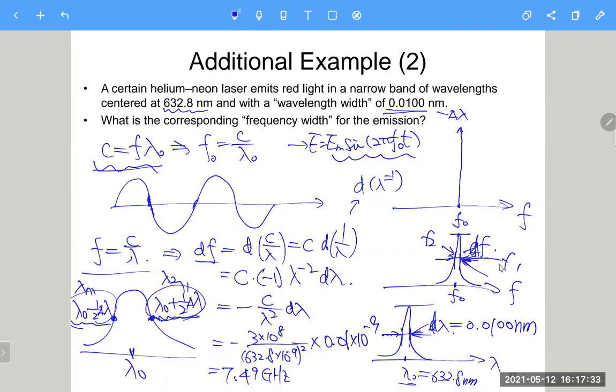Then you can subtract f1 by f2, and you will still get the delta f, which will be more or less the same as this number. Maybe not exactly the same, but quite close. But if you make use of calculus, or at least the derivative or the differential, then you can calculate this delta easily just by this substitution.